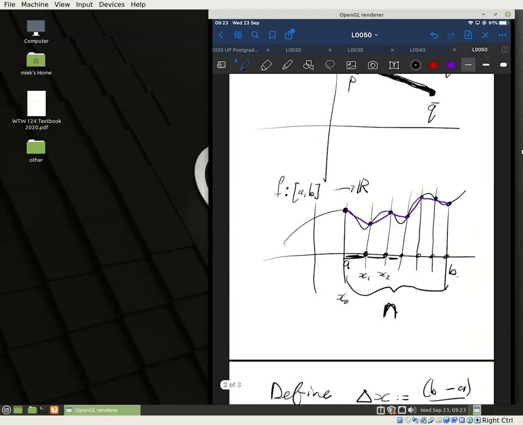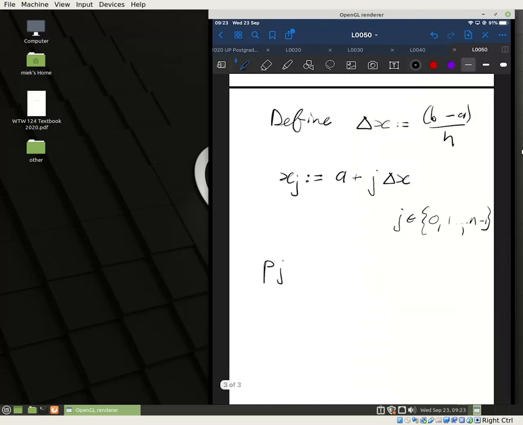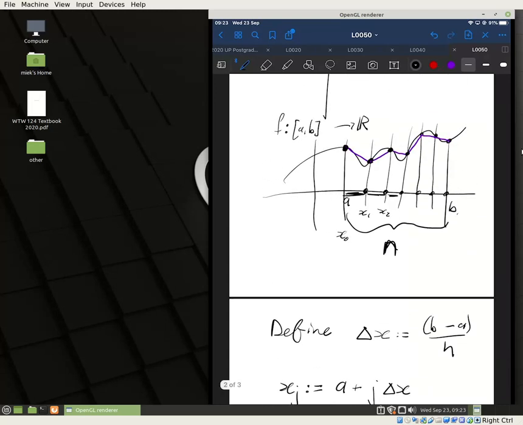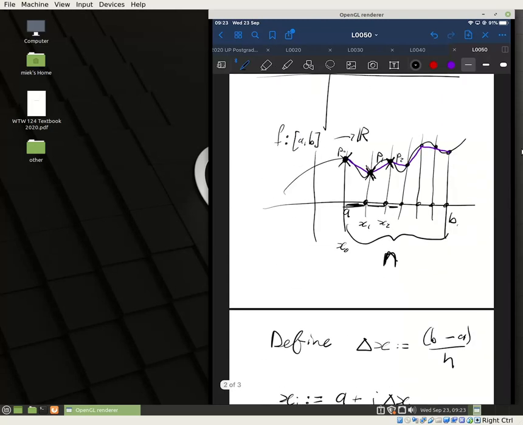So pj we will define as each one of these points in R2. So pj, that is a point in R2, has coordinates xj, and what is its y coordinate? f of xj. So each one of these points, so this will be the point p0, this will be the point p1, this will be the point p2, etc. These are points in R2, so they have two coordinates. What is their x coordinate? Is the x coordinate, and what is the y coordinate? That is just the function value.